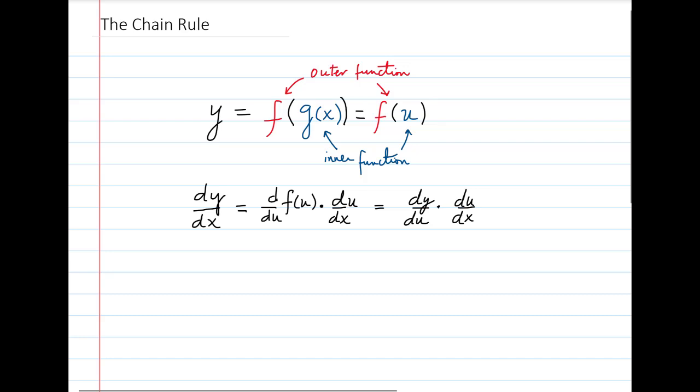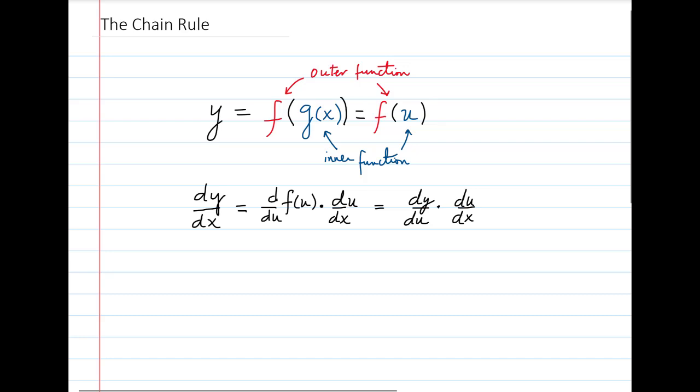When you have a composite function, and we have the example of a composition of two functions here, this rule will also work for more than two functions nested together. So if you keep having a function within a function, you have to use this rule more than one time. But if you think of this function y as a function of x here, and you want to remember, think of the derivative as rate of change, right?